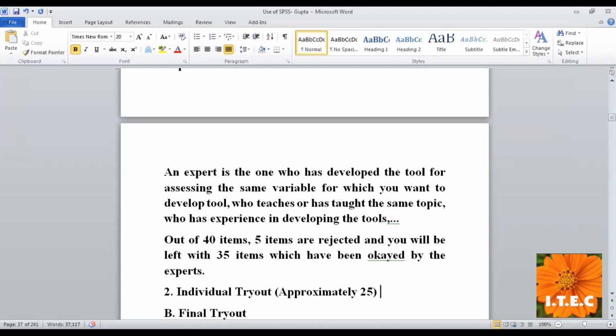Now, once you have collected, then you have to again find out, on instruction, how many students had problems, and the modification which you did, whether it was okay or not. If it was okay, then you have your modified instruction. Now you go to item number 1. If all people say it is all right, then this is selected.